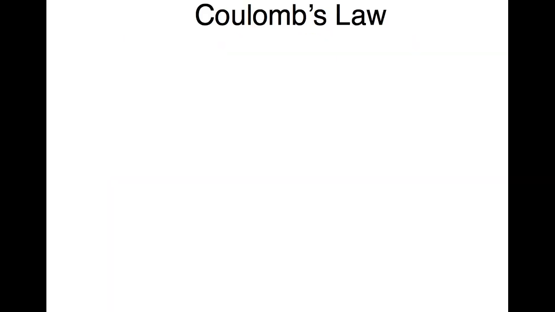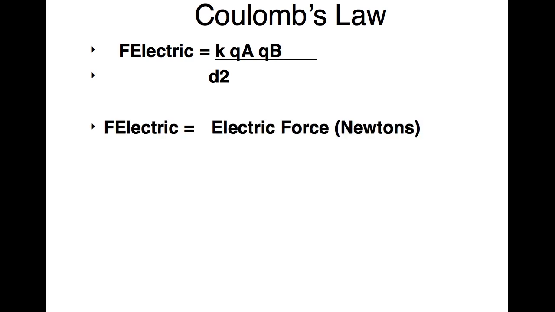So now we're going to talk about Coulomb's law. The force is equal to K times Q1 times Q2 all over distance squared. The electric force is measured in newtons. You already discussed this previously when we were talking about force and mass and acceleration.